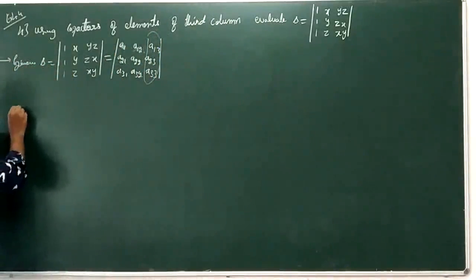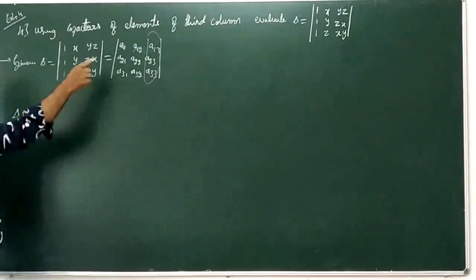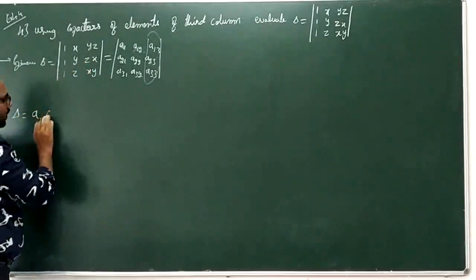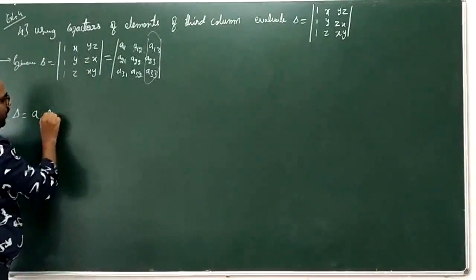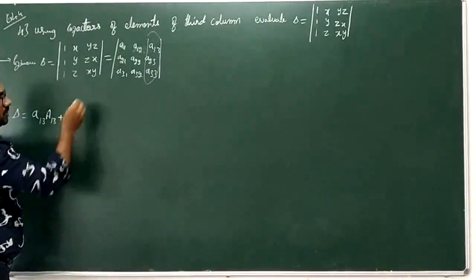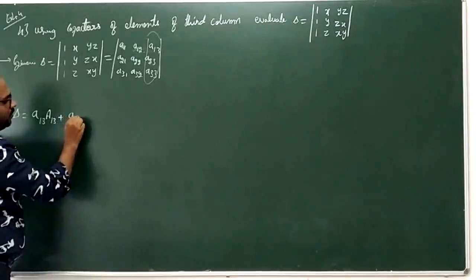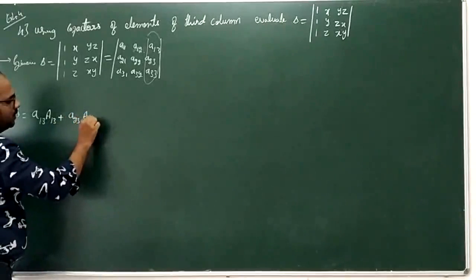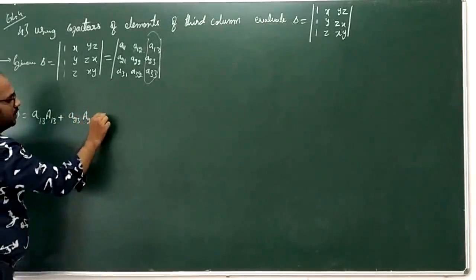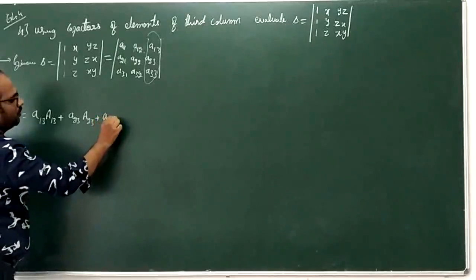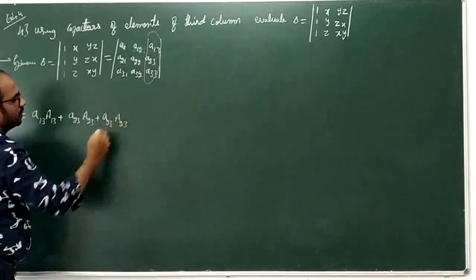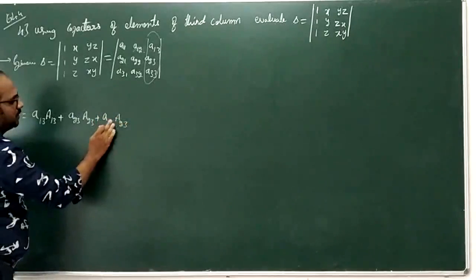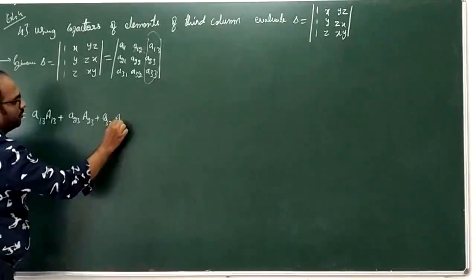Therefore delta is equal to: first element is a13 into cofactor of a13, plus second element a23 into cofactor of a23, plus a33 into cofactor of a33.